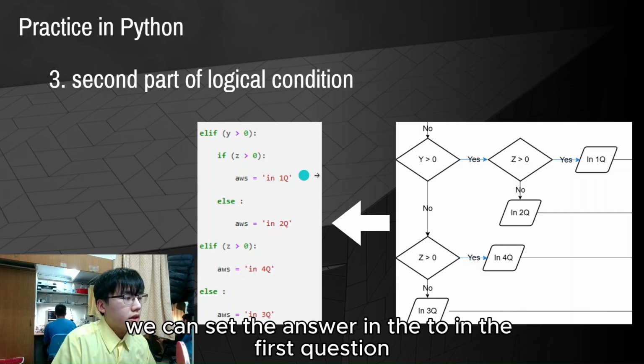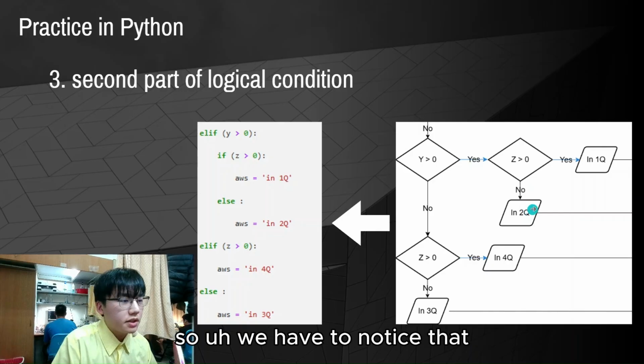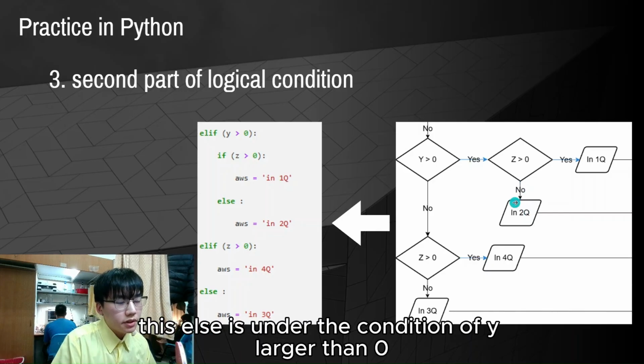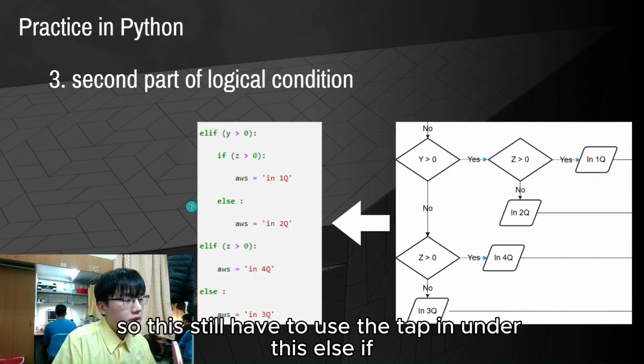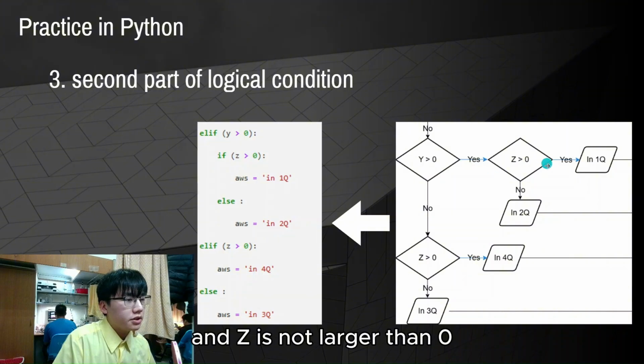Yeah, so we can set the answer to the first quadrant. And else, we have to notice that this else is under the condition of y larger than 0. So this still has to use the tab under this else if. Okay, so this condition means y is larger than 0 and z is not larger than 0.